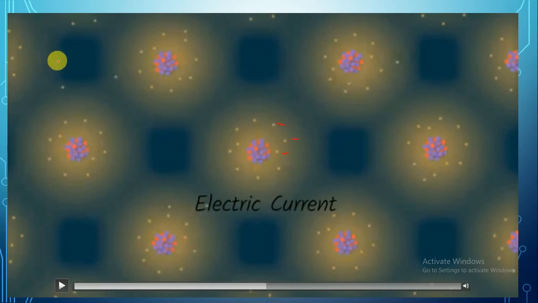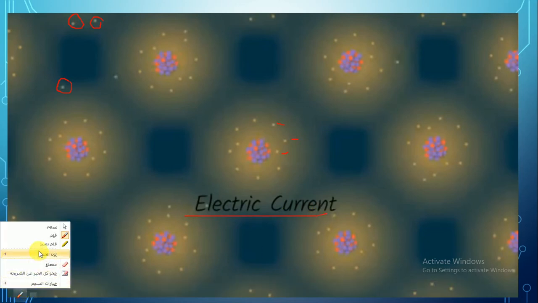So the movement of those small electric charges, we call it electric current. You remember, electric current is the movement of electric charges from one point to another. This is electric current. Okay, let's continue.